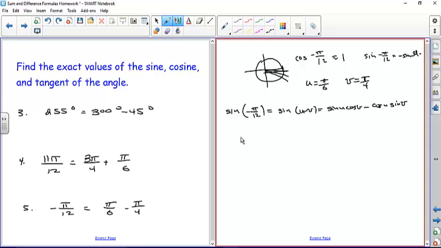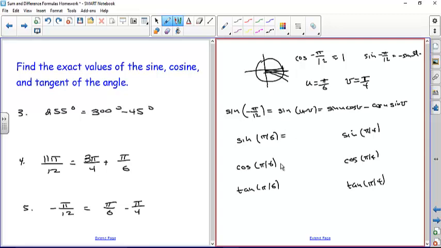So we need the sine of pi over 6, the cosine of pi over 6, the tangent of pi over 6, and we need the sine of pi over 4, the cosine of pi over 4, the tangent of pi over 4. Again, you can read these off of your unit circle.